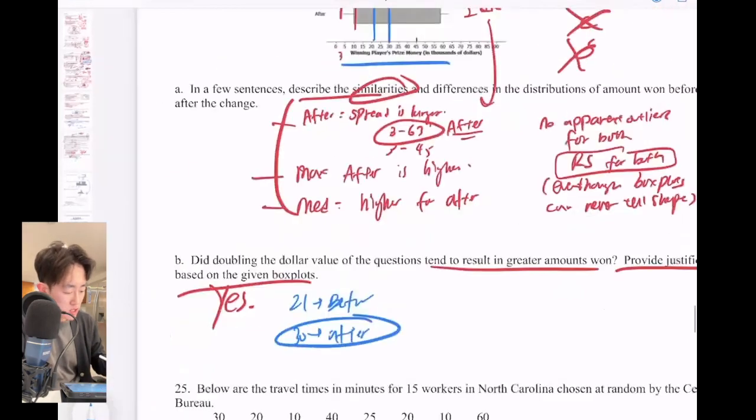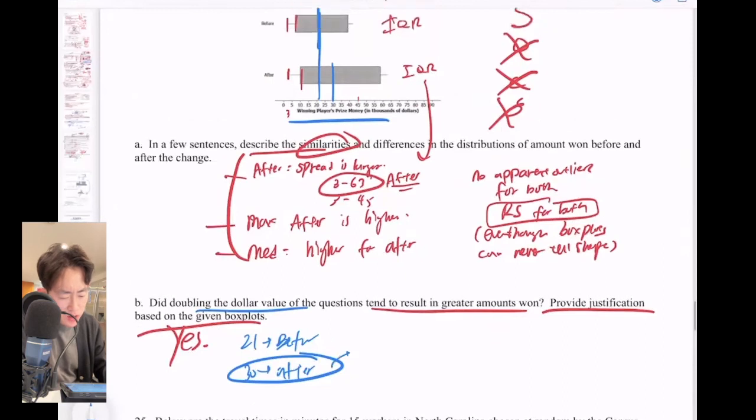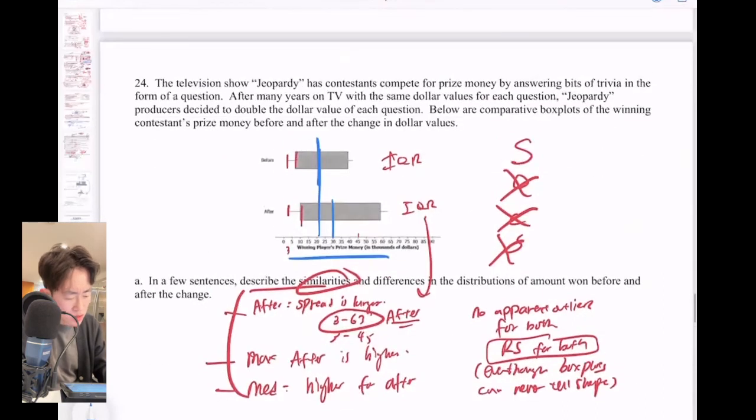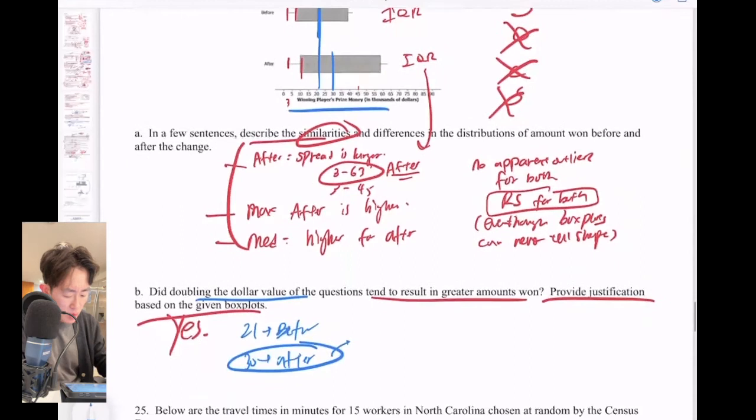After they double the dollar value, the players' prize money is higher. The motivation is definitely higher because of the doubling of the dollar value. So we actually increase the value of the money, so we have greater amounts won simply because of that reason.